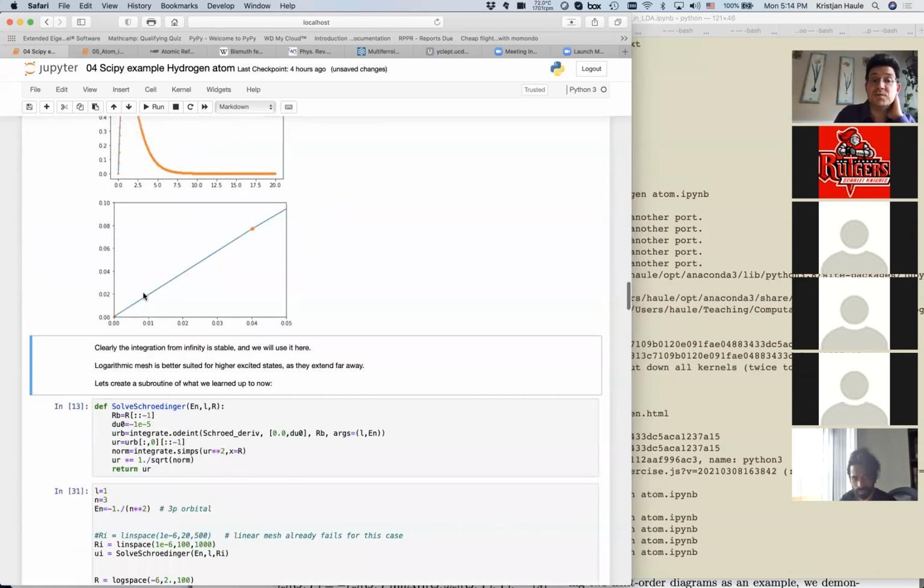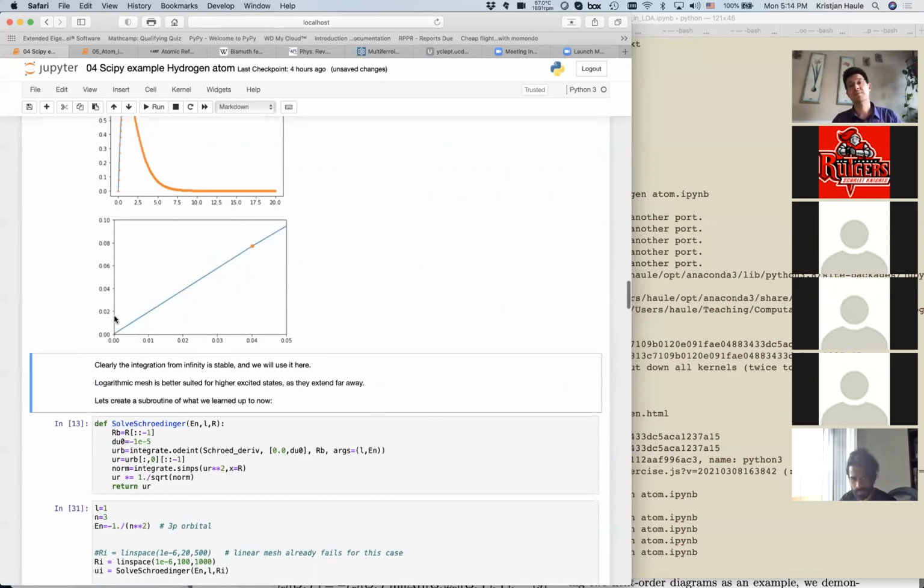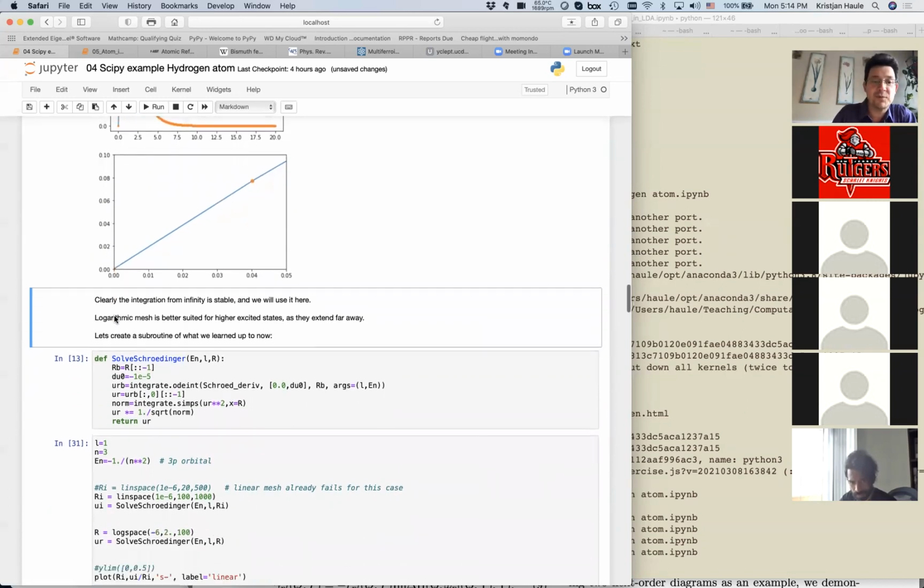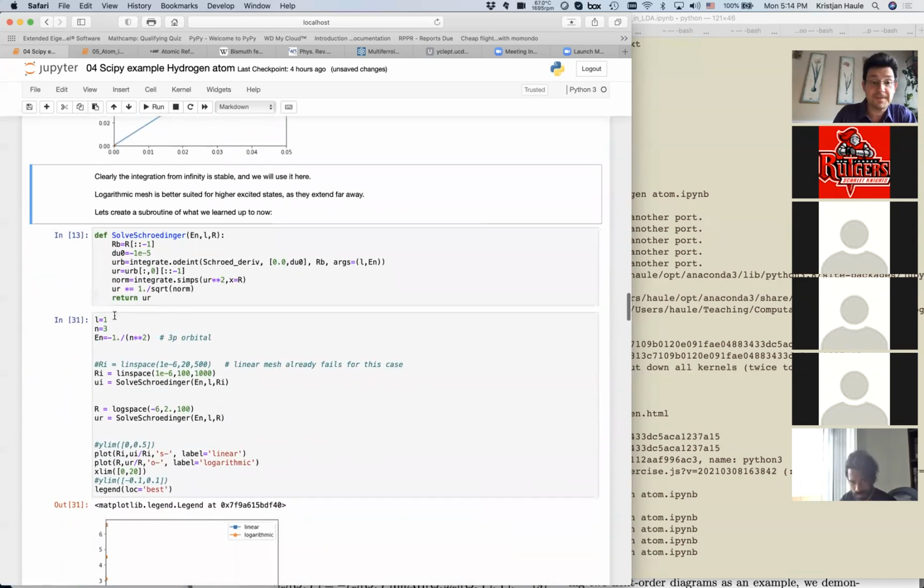Even though the function vanishes also at 0, when it vanishes at 0, it vanishes slowly, in the sense that it vanishes linearly, or even if it vanishes polynomially, quadratically, or cubically, that's still okay. The problem is when it vanishes exponentially, then it's very hard to follow the solution numerically.